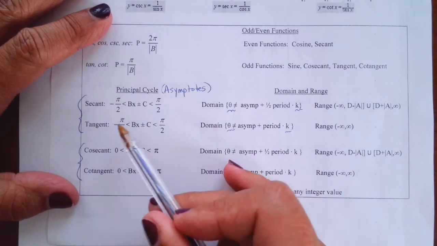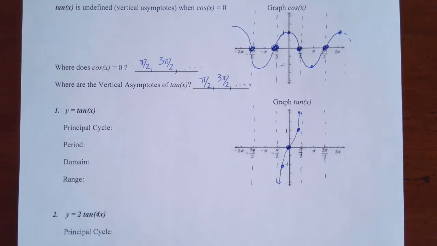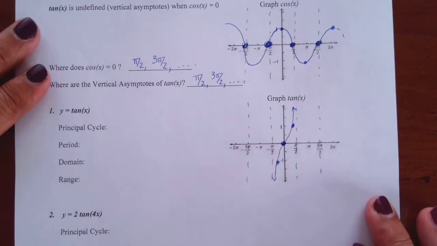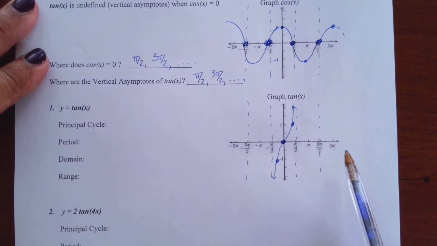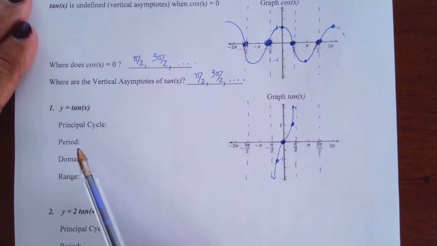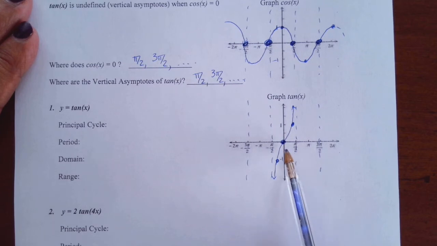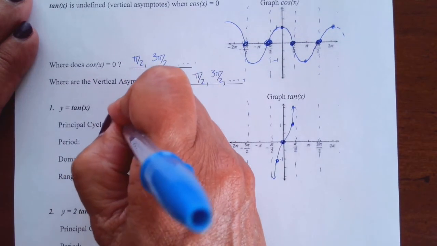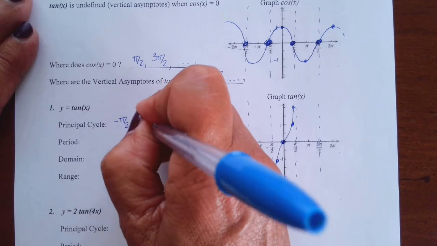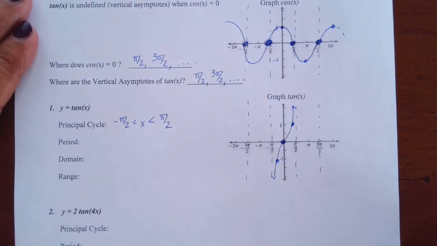That's the main one, okay, the main one. Now, once you find those main ones, then there's tons more asymptotes anywhere. So you can use any asymptote you want, but when the problem asks for the principal cycle, then that is the main one, okay? So the main principal cycle is between negative pi over 2 and pi over 2. Okay? That's the principal cycle for tangent.